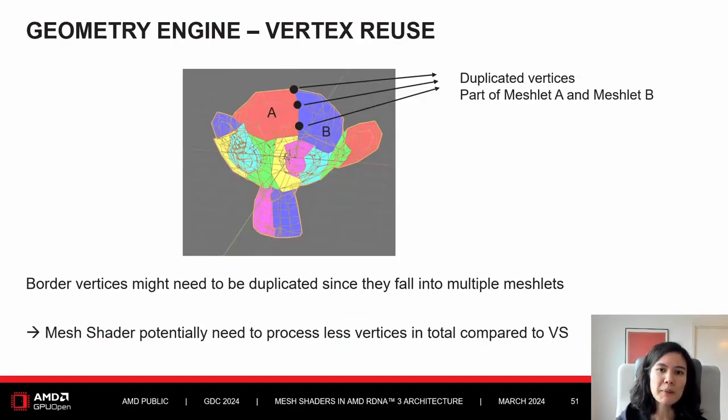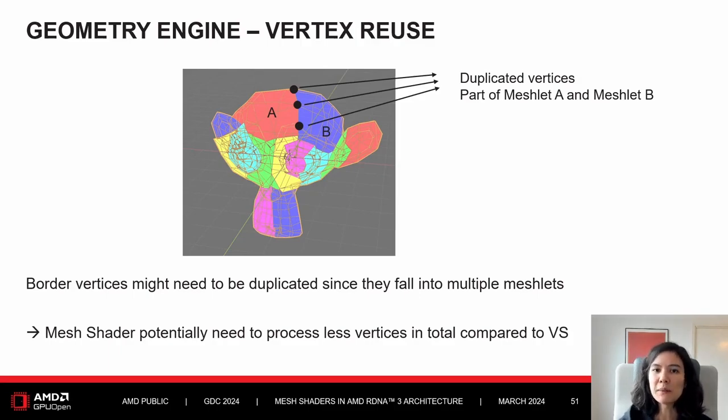Of course, when you're using mesh shaders, you still have to duplicate vertices. The vertices that need to be duplicated are the border vertices, because these vertices end up in multiple meshlets. This is also the reason why, when you compare the vertex buffer of your vertex shader and the total vertex buffer of your mesh shader, the vertex buffer of the mesh shader might be larger.